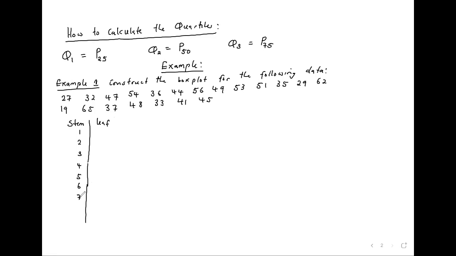Then for ones, we have 19. And then for 20s, we have 27 and 29.